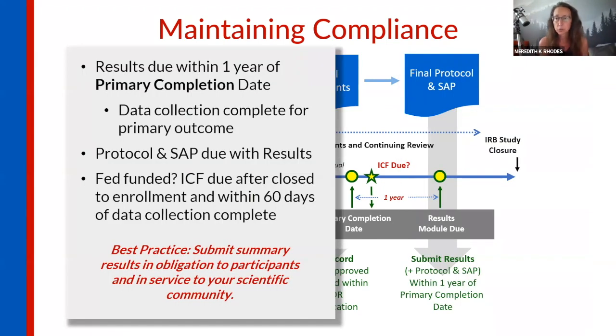And finally, we do assist with results reporting to CT.gov, should that be required or voluntary. Results are due within 1 year of that primary completion date, the date upon which all data collection is complete from all enrolled participants to answer the primary outcome. Protocol and statistical analysis plan are due with results at the time of results reporting.